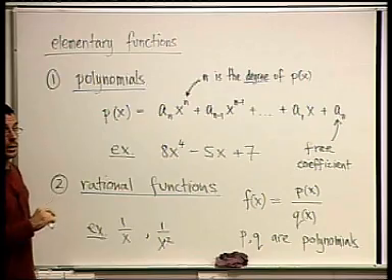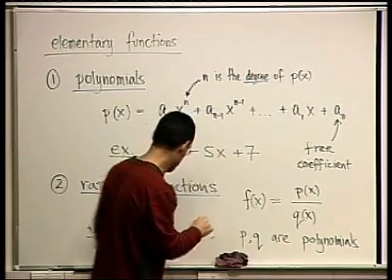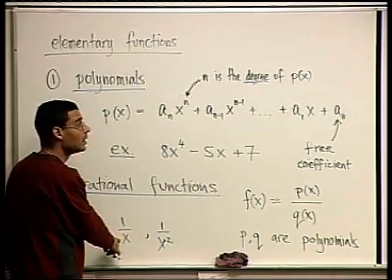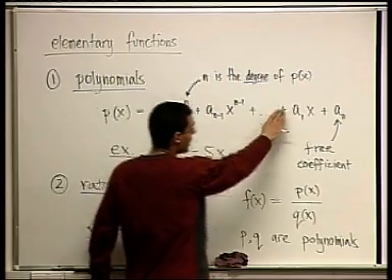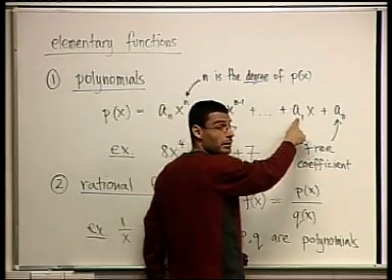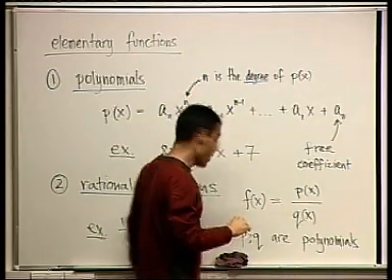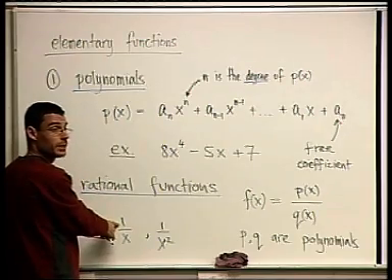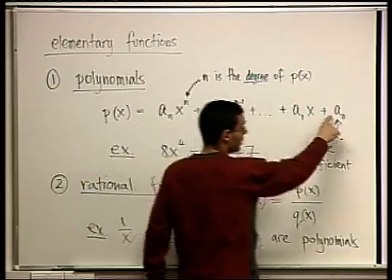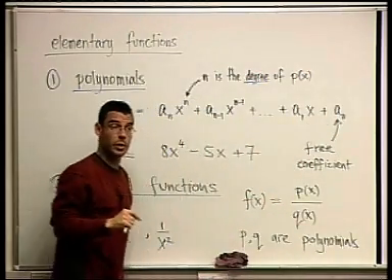P and q are polynomials. x is a polynomial where its degree is 1, a1 is just 1, and a0 is 0. 1 is also a polynomial of degree 0, and its free coefficient a0 is just 1.